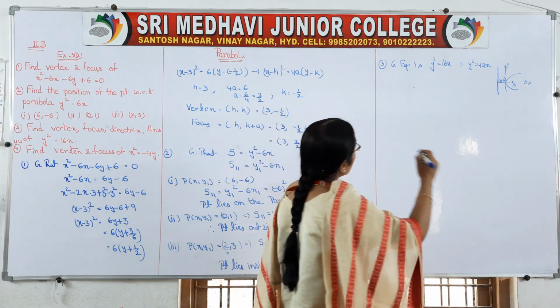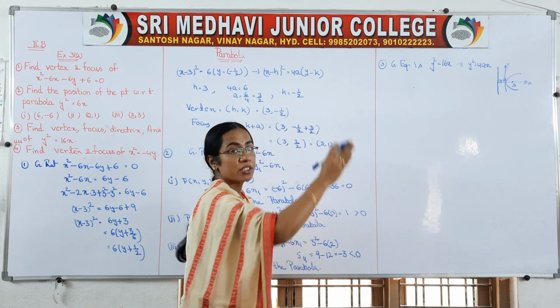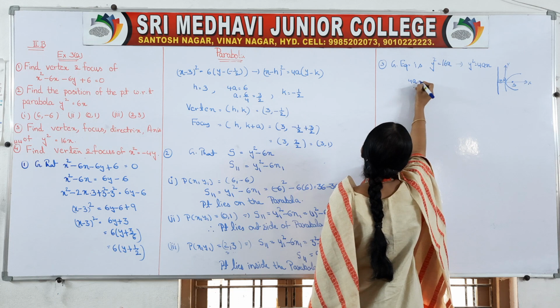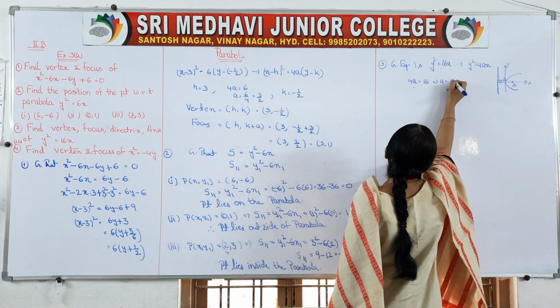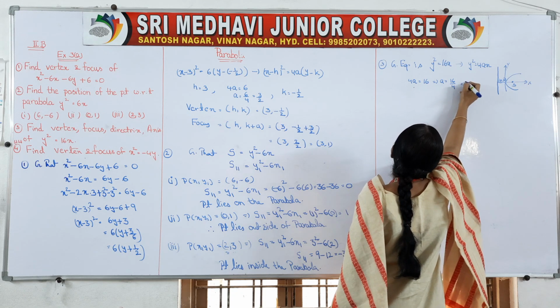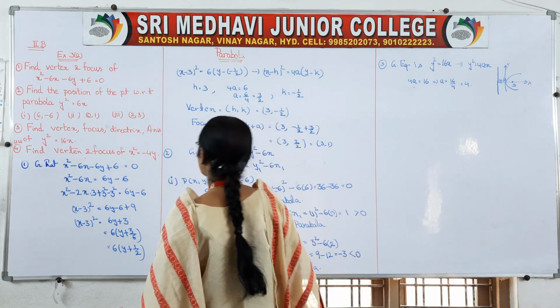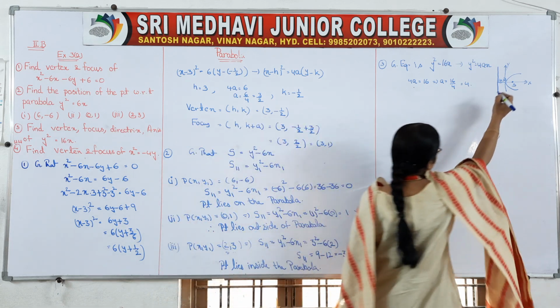Okay, so now if you compare y square is equal to 16x with y square is equal to 4ax, what is your 4a? 4a is equal to 16. So a is equal to 16 by 4 is equal to 4. So question is find the vertex, focus, directrix, axis. So what is the vertex?